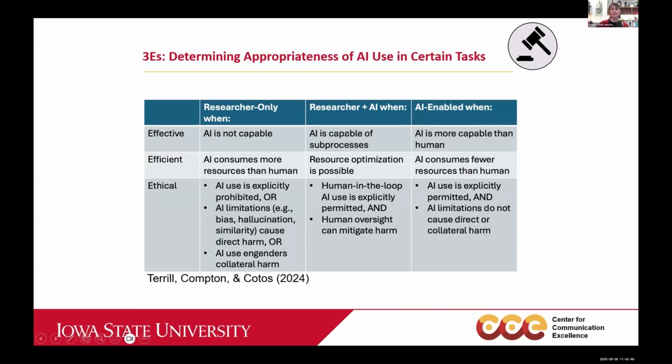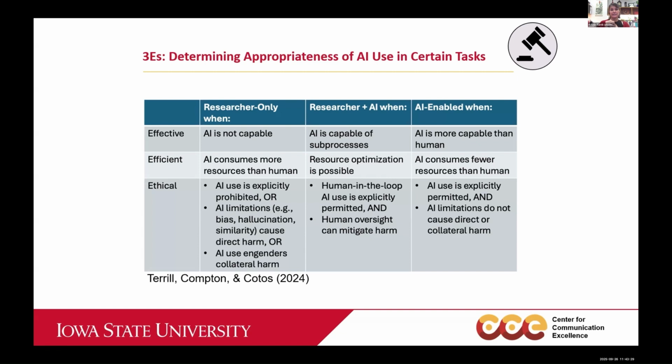This tool is something that we developed to break down the impact of the bias limitation in three categories: whether it impacts effectiveness, efficiency, or whether it's ethical. So you have to be able to articulate, what's my application here? What am I using it for? And if I know that it has this limitation of bias, how is that going to impact whether it's effective for that application, whether it's efficient, or whether it's ethical?